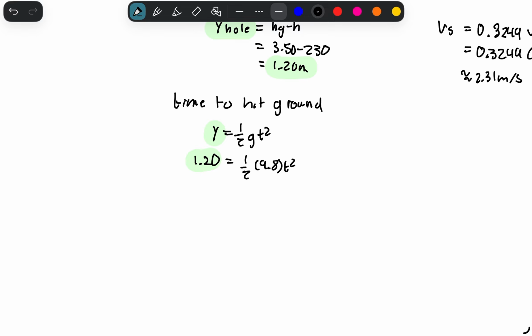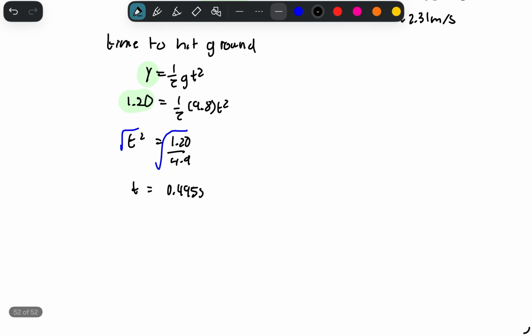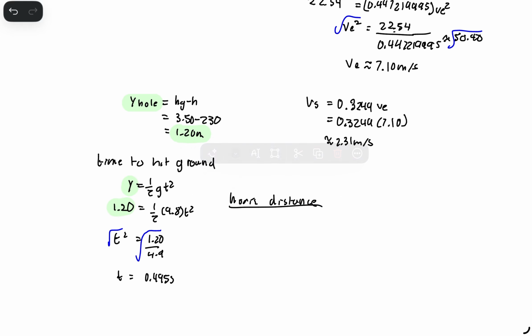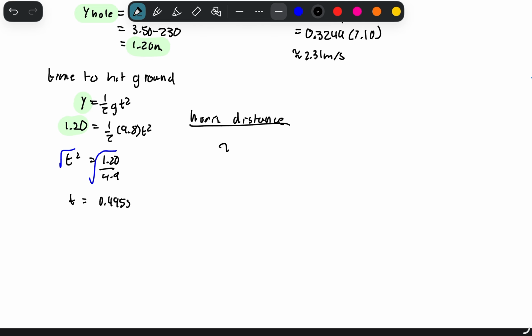So t squared times 4.9, or t squared is 1.20 over 4.9. And then taking the root of both of these, t will equal 0.495 seconds. And then finding our horizontal distance, we are going to have x is equal to VET, which is equal to 7.10 times 0.495, which is approximately 3.51 meters. That's it.